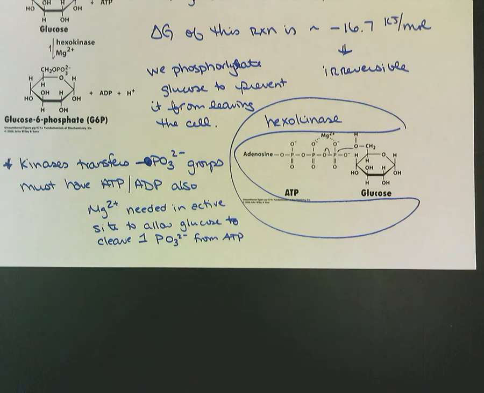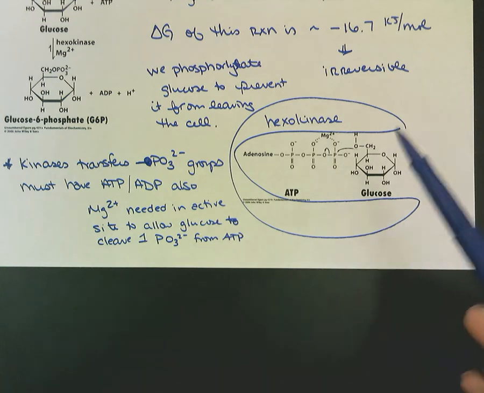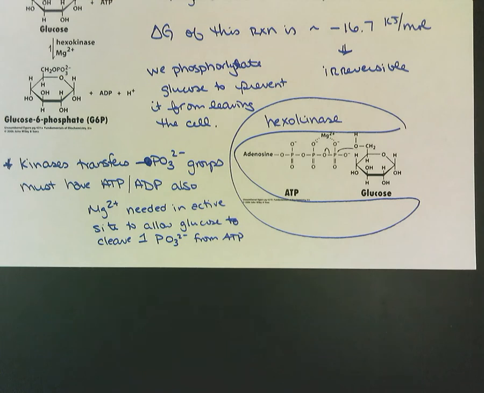We don't have glucose 6-phosphate transporters in your cell. So now we have phosphorylated it, it's negatively charged, and now unable to leave, which is the other part of being irreversible. It now has to do the next set of mechanisms. Questions on step 1? Hexokinase, fun facts about hexokinase.